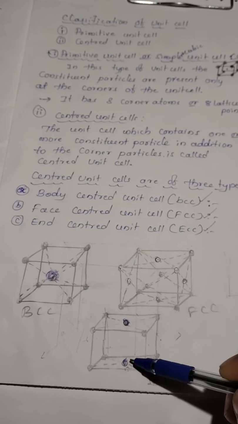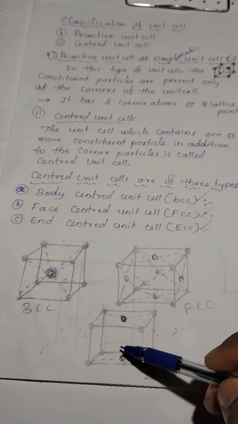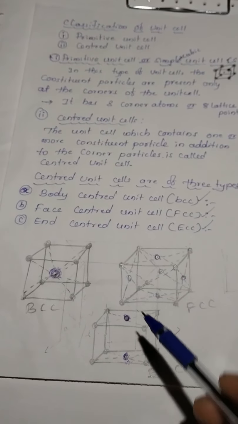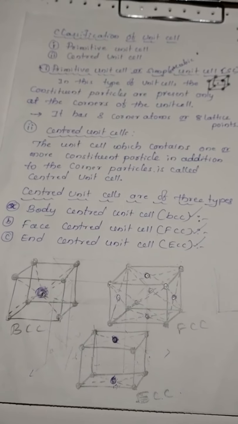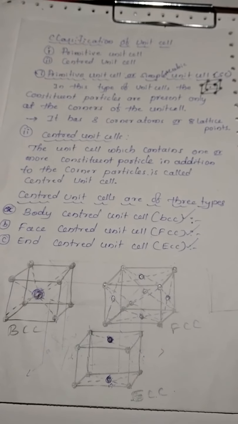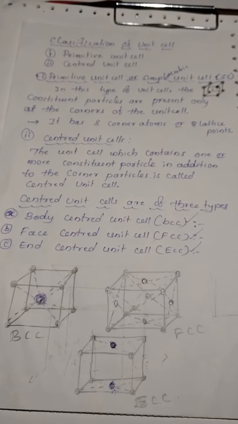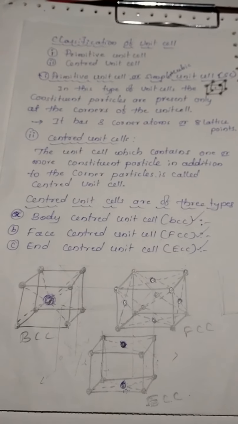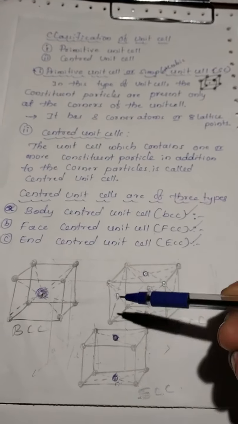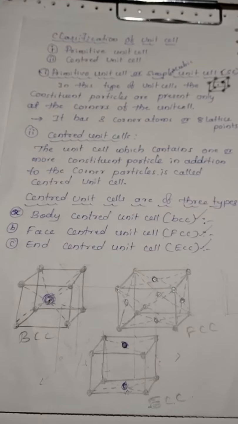See here, the particles are present either on these 2 faces or these 2 faces. Such unit cells are called end centered unit cells. That is end centered unit cell. Okay.